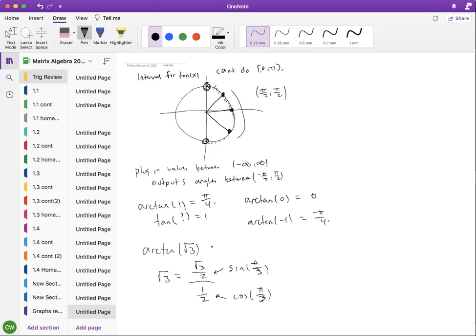So that means arctan of radical 3 is pi over 3. Similarly, if you flip it, arctan of 1 over radical 3 would equal pi over 6. That's just the reciprocal of this. So you have 1/2 divided by radical 3 over 2. Sine of pi over 6 is 1/2.